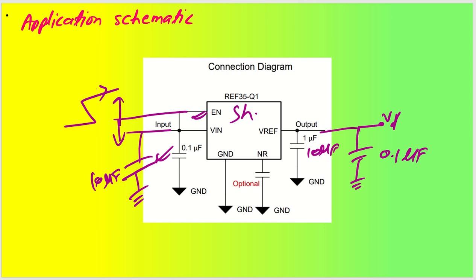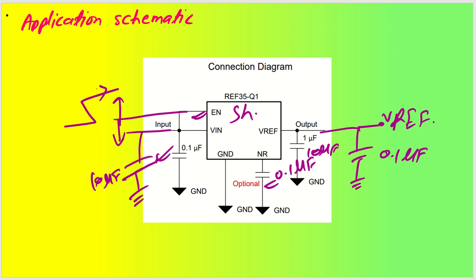So this is your V reference that you will be getting. So this is the exact design that you can put, additional 10 microfarad this side and additional 10 microfarad plus 0.1 microfarad at the output side. You have NR, which generally by default you put 0.1 microfarad, that is more than enough for a very good smooth output.